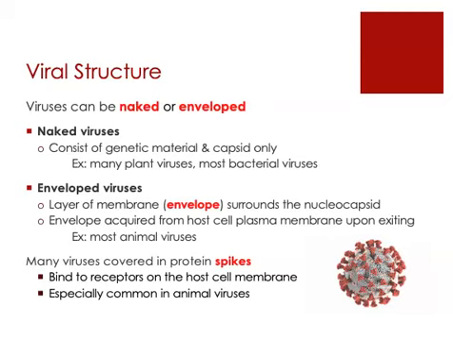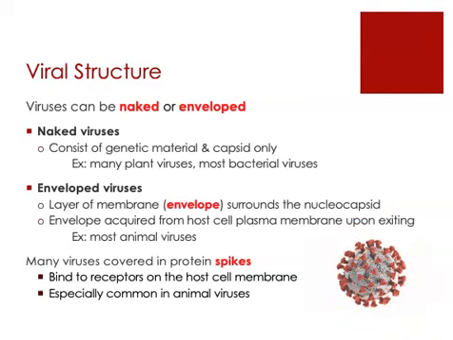Many viral particles are also covered in surface protein spikes. Y'all have seen this very famous picture of the SARS-CoV-2 virus. This is the picture that all the news organizations use all the time when they talk about this virus. And these red structures that are sticking off of the surface, these are protein spikes.